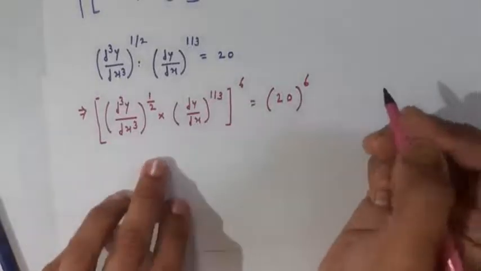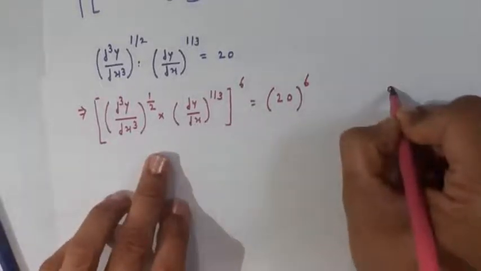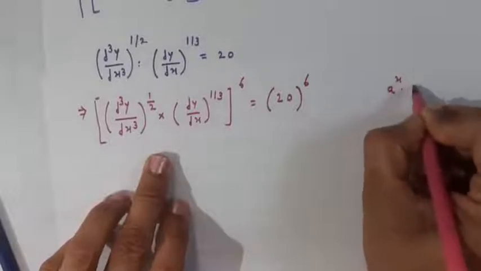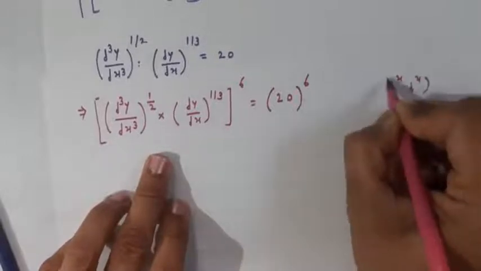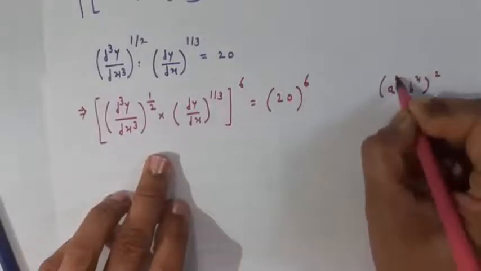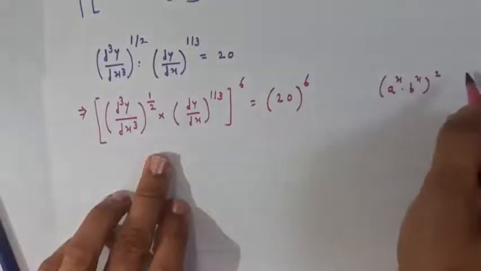Students, we know that (a^x into b^x) raised to 2 gives a^(2x) into b^(2x).